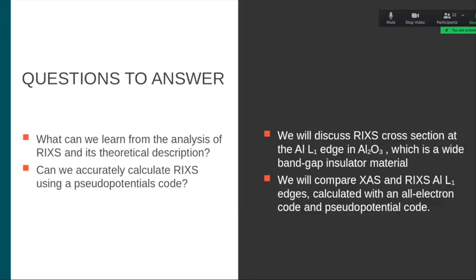So in order to answer these questions, I will first discuss the RIXS intensity, or RIXS cross-section, at the aluminum L1 edge in aluminum oxide.